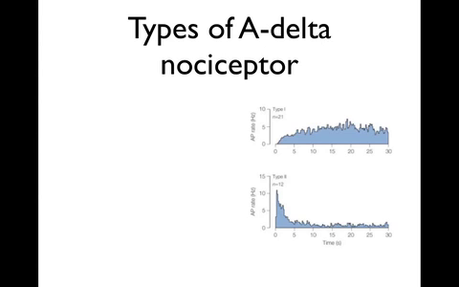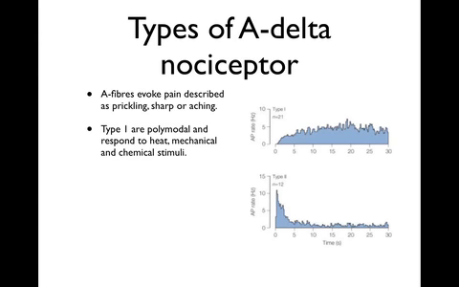If we look at the different types of nociceptors, we've already mentioned we have A delta, which are the myelinated, fast conducting ones, and then we have the C fibers, which are unmyelinated and therefore much slower. We'll see that the A fibers evoke a pain that's often described as prickling, sharp, or aching. This is quite quick pain due to the fast conductance.